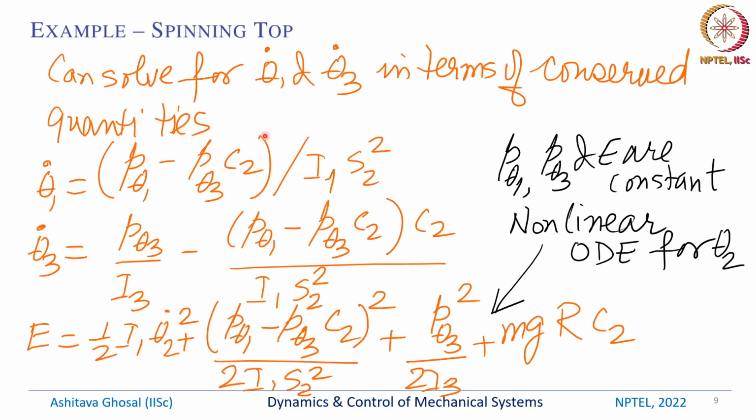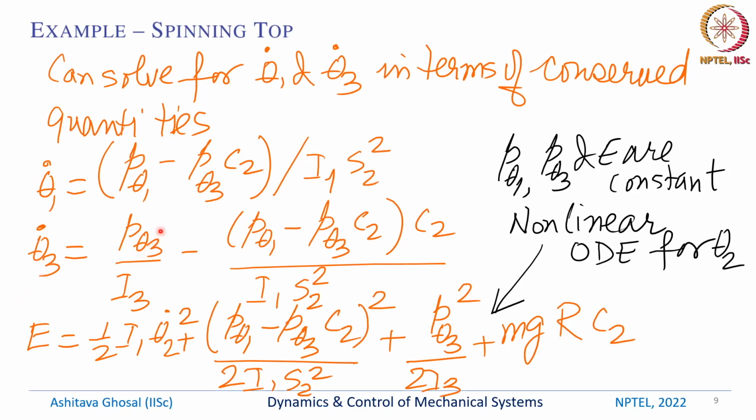So now if you look at this p theta 1 and p theta 3, we can solve for theta 1 dot and theta 3 dot in terms of the conserved quantities. So for example, theta 1 dot is (p theta 1 minus p theta 3 into C2) divided by I1 S2 square. So we can write this expression.